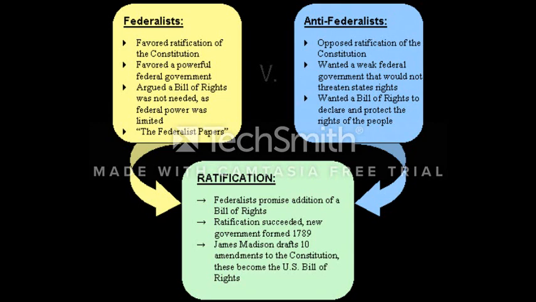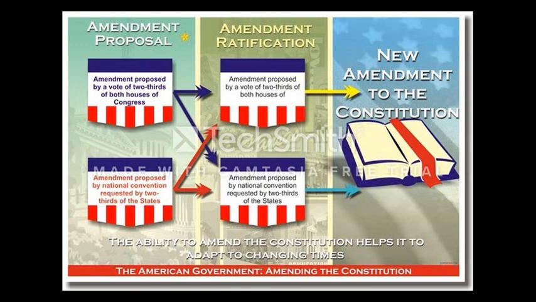Now, the final thing that you need to take away from the chapter is make sure you understand the process as it's explained in the chapter of how the U.S. Constitution can be amended. Make sure you understand the difference between the proposal step and the ratification step.